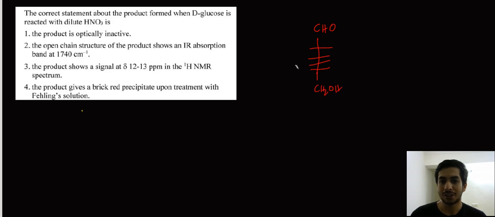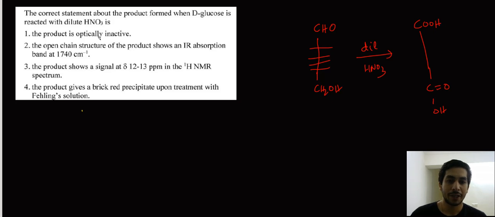So this is the structure of glucose, and we are adding dilute HNO3, a strong oxidizing agent. It will convert your aldehyde into carboxylic acid, and it will also convert your alcohol into carboxylic acid. So it will convert both of them into carboxylic acids.